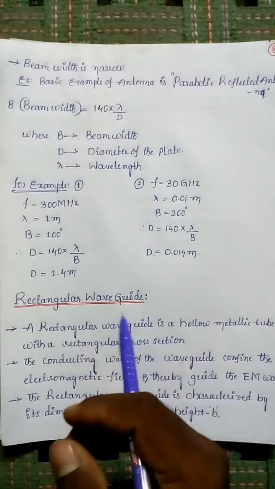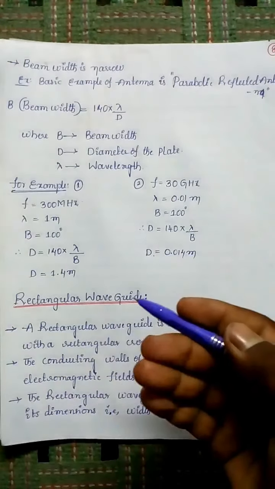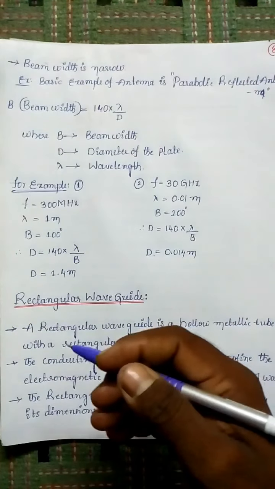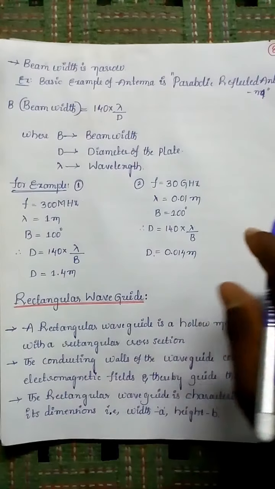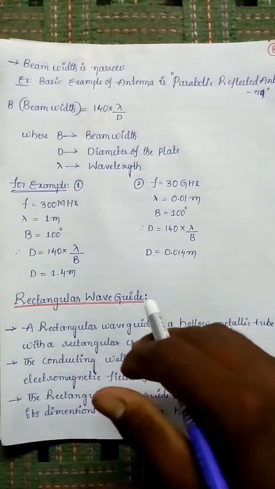The next topic is rectangular waveguide. Before going to this topic, once again I'm recalling the previous topics. Advantages and applications are over, and the introduction part of microwave engineering is over.